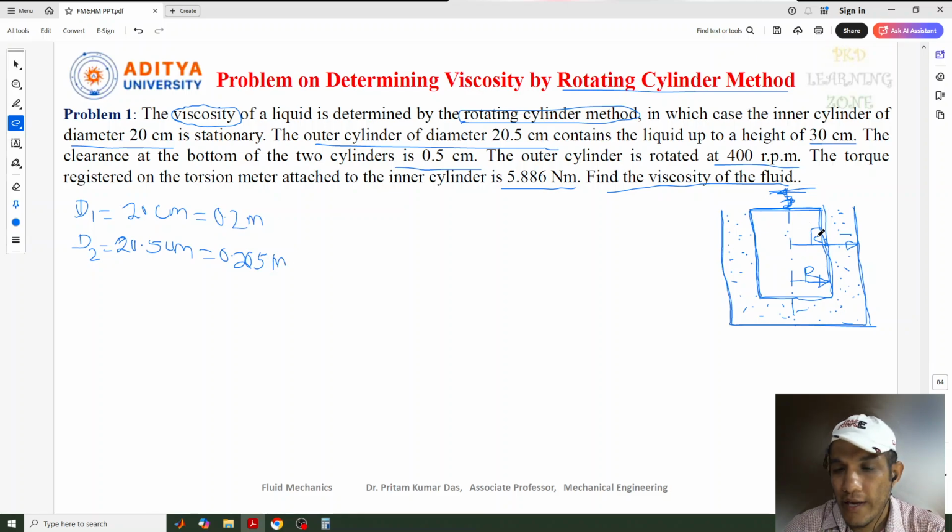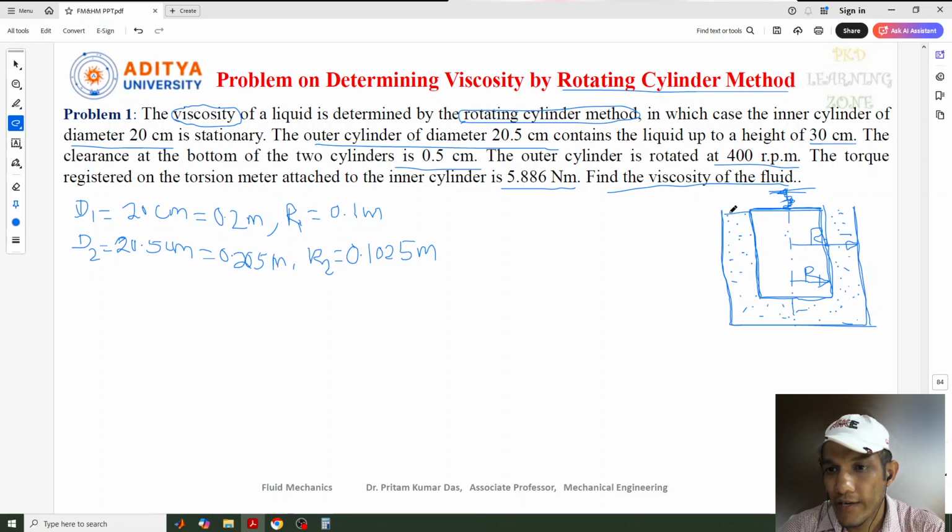And as I have mentioned, let's convert this in terms of radius, because in the formula we are going to use only radius. So R1 I can write as 0.1 meter, and R2 as 0.1025 meter.